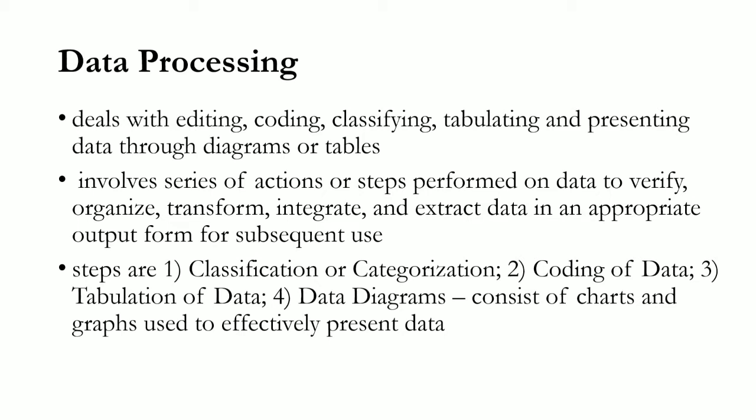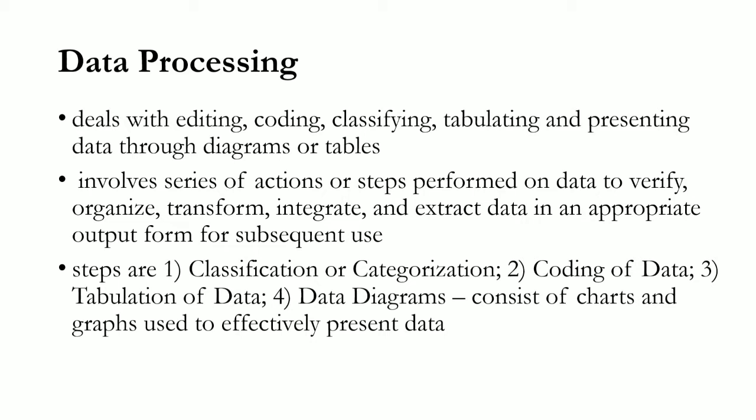So the steps we follow are: 1, classification or categorization, which has been done even before you have administered your research instruments. Number 2, coding of data. 3, tabulation of data. This is done when you are already crafting or writing your Chapter 4.